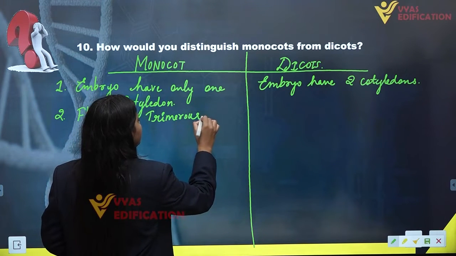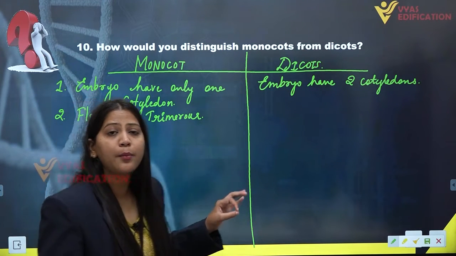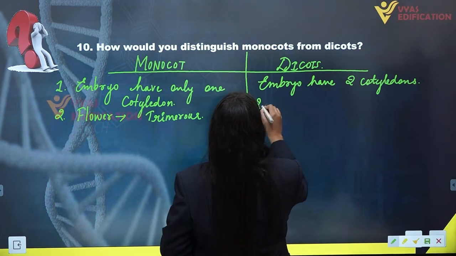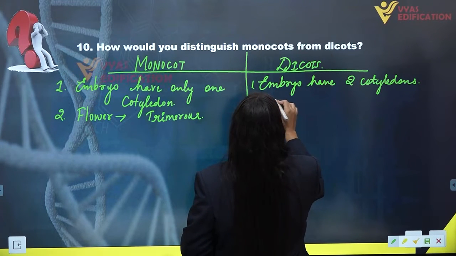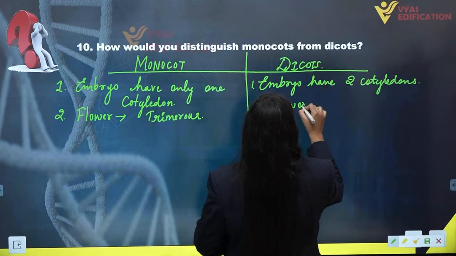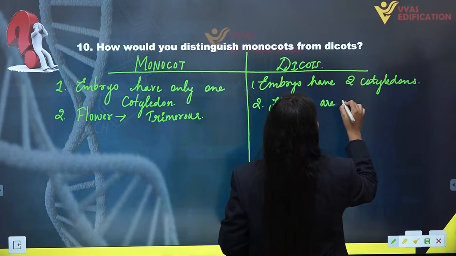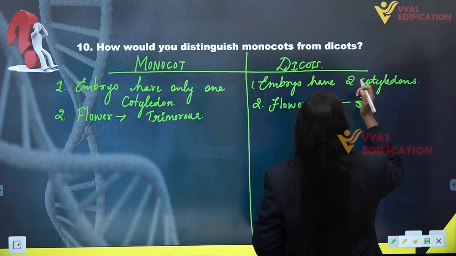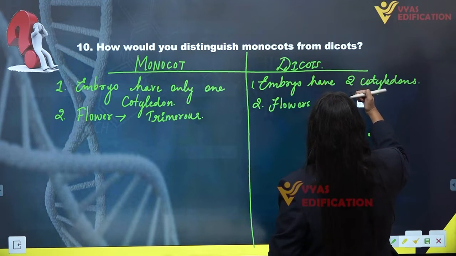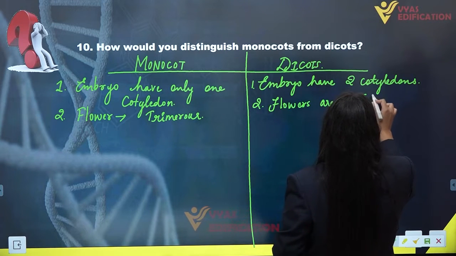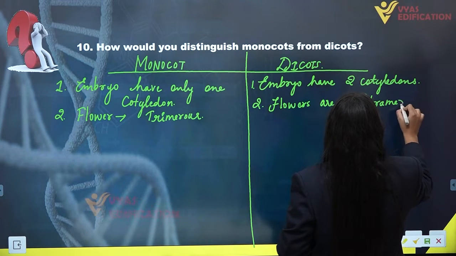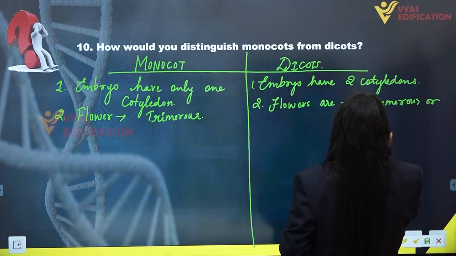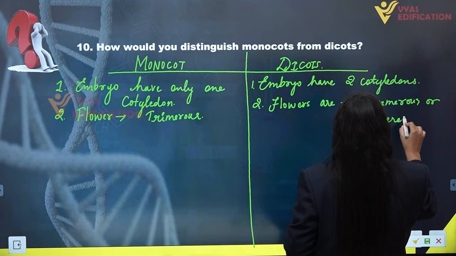That means the flower parts are present in multiples of 3, and in case of dicots, the flowers are present in the form of tetramerous or pentamerous flowers.